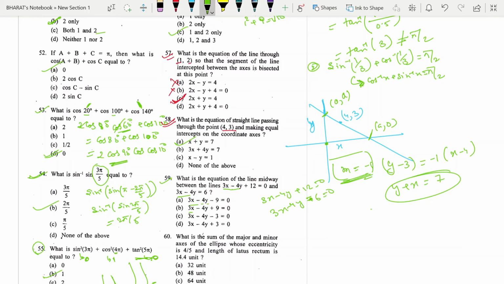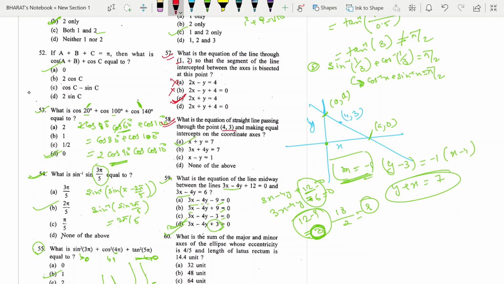The difference between them is 18. 18 divided by 2 is 9. So 12 minus 9 will be equal to 3. So the equation with the constant term equal to 3 will lie midway between them. Our answer is D. Easy peasy question, and if you know this trick, it will be much easier to solve.